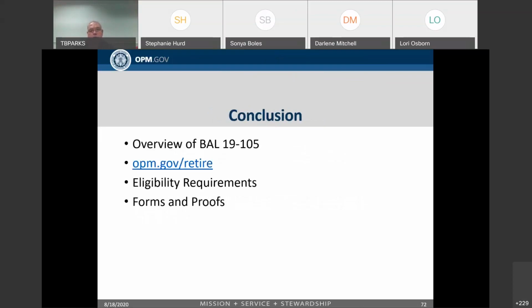So in conclusion, we talked today about the Benefits Administration Letter 19105, about getting there through opm.gov/retire. Talked about some eligibility requirements, those RI forms and the proofs.